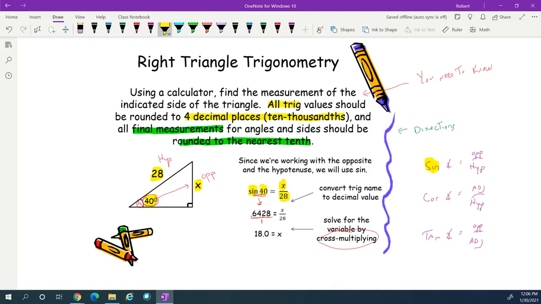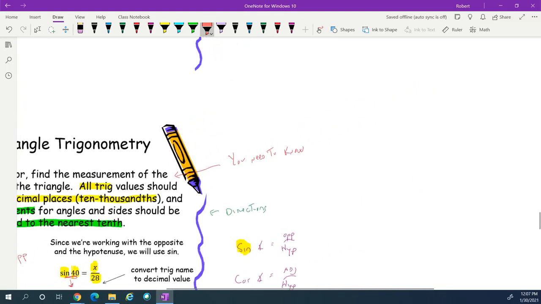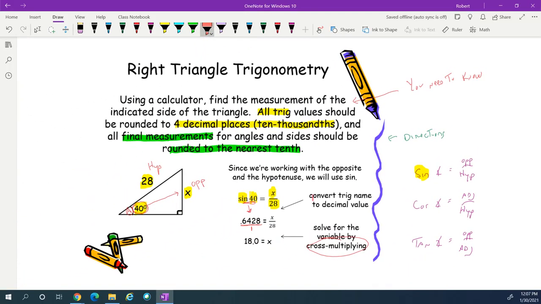So again, identify the side you know, the side you're looking for. That forces you into one formula. Substitute. We're going to convert trig to a decimal using our calculator, and then we're going to cross multiply. And let's keep it that simple at the moment.